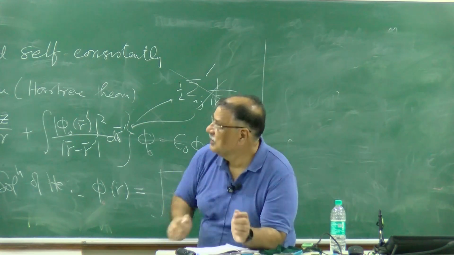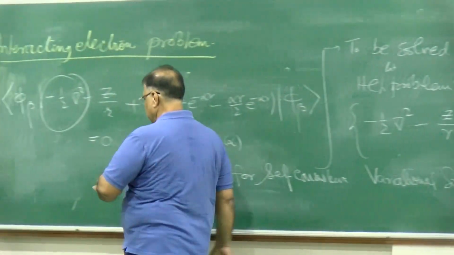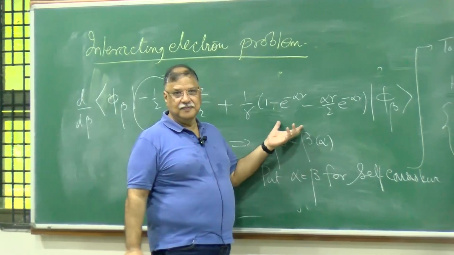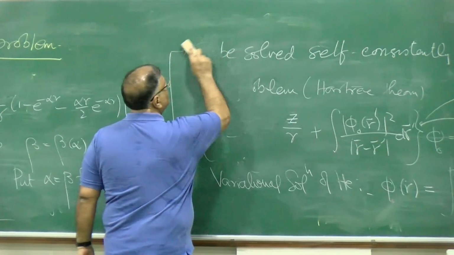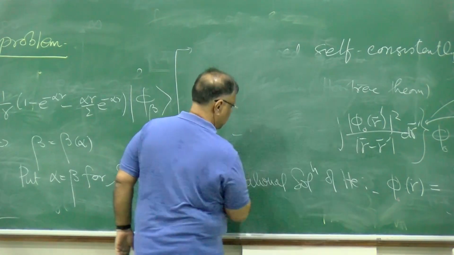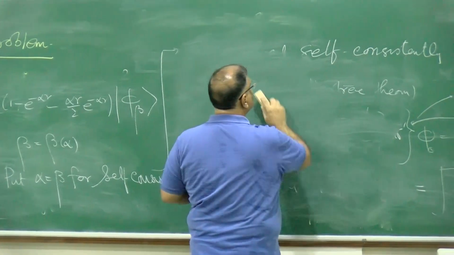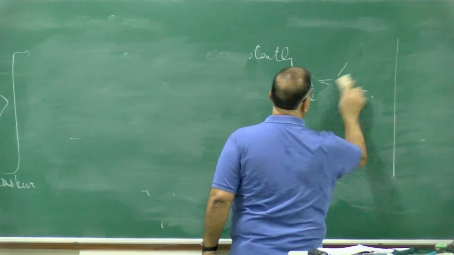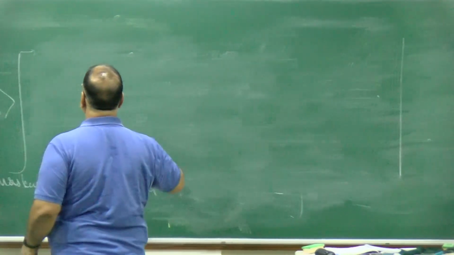Okay. So this problem that we solved here, partly we have taken care of density, and that's simplified to some extent. The other extreme: this was a 2-electron problem.